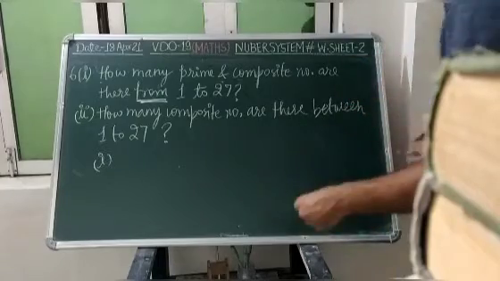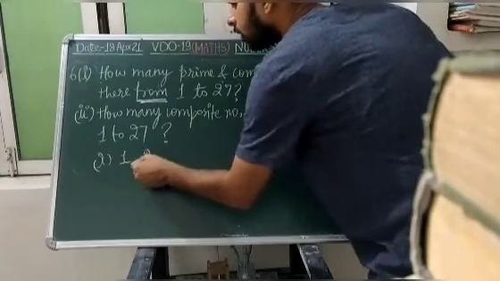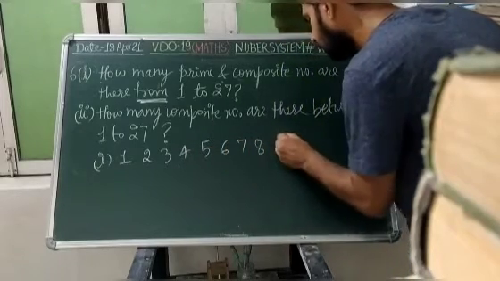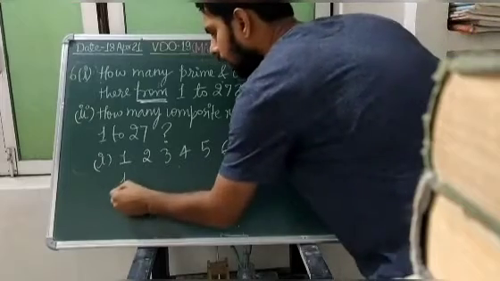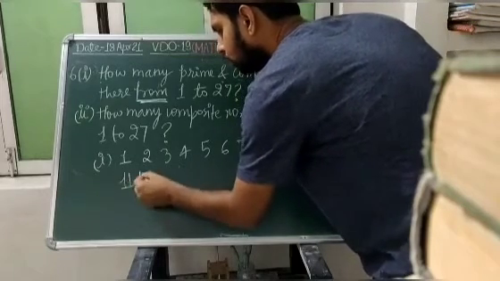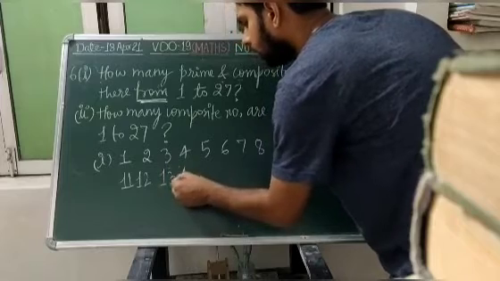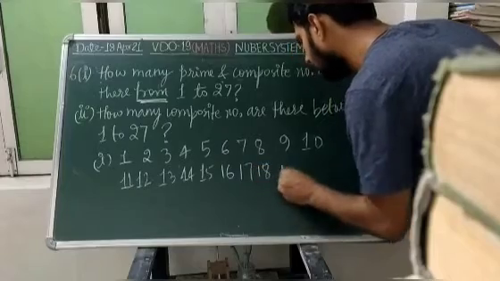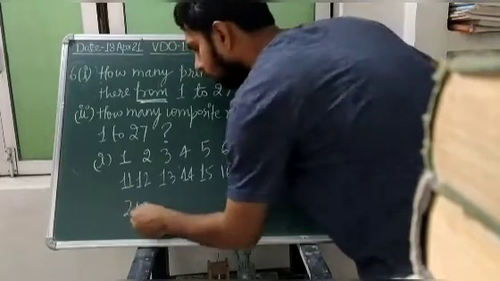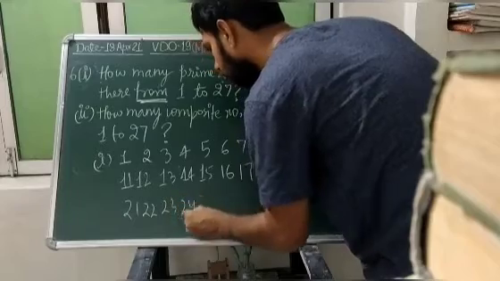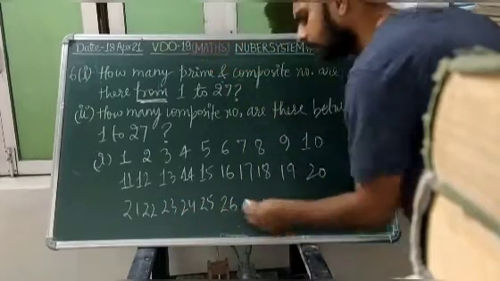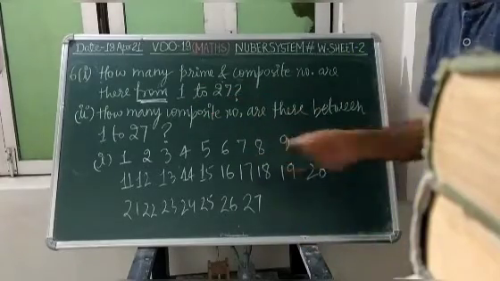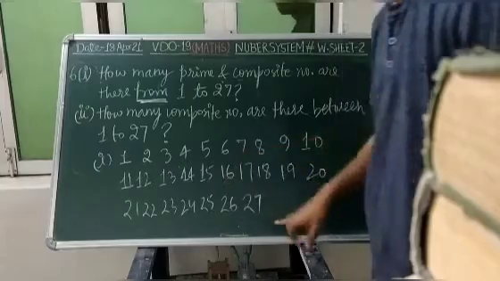First we can write the numbers 1, 2, 3, 4, 5, 6, 7, 8, 9, 10, 11, 12, 13, 14, 15, 16, 17, 18, 19, 20, 21, 22, 23, 24, 25, 26 and 27. So from 1 to 27, the meaning is that we will write 1 and 27 as well.